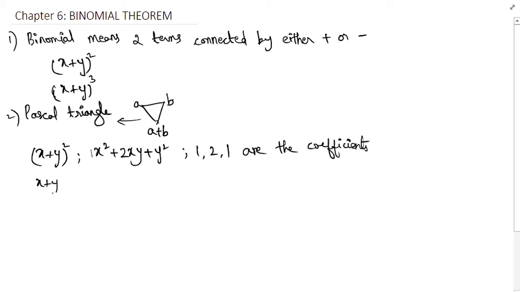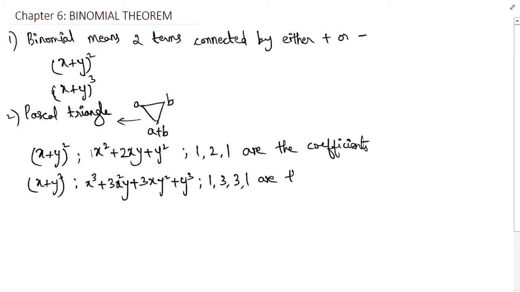Now what is x plus y whole cube? This can be written as x cube plus 3x square y plus 3xy square plus y cube. So here 1, 3, 3 and 1. These are the coefficients, right?